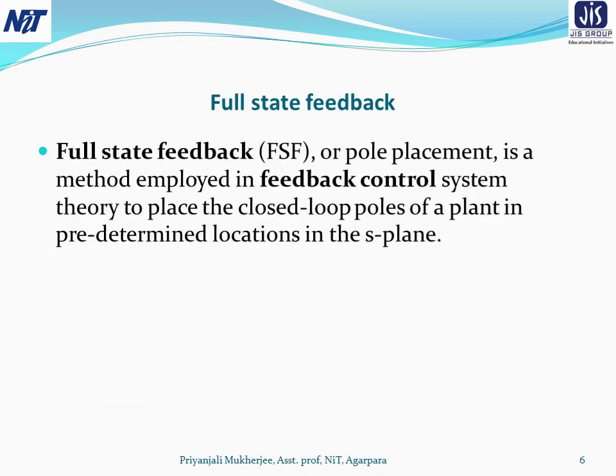Full state feedback, also known as pole placement, is the method of employing feedback control system theory to place the closed loop poles of a plant in predetermined locations in the S-plane.